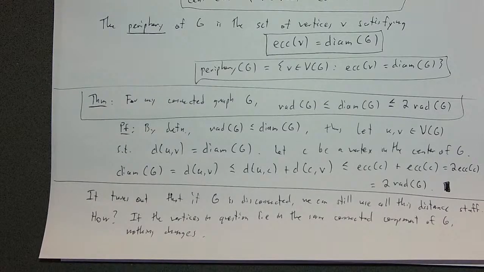So the only potential difficulty arises when you have vertices in differing connected components. So if two vertices are in different connected components, what do you do? You just say that the distance between them is infinite.